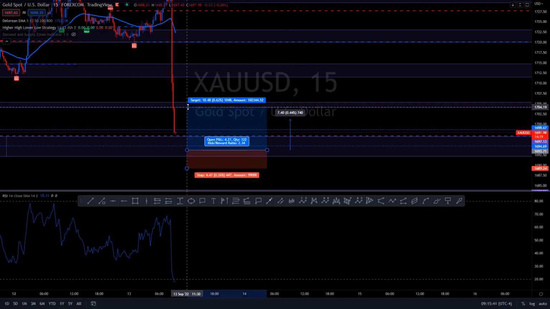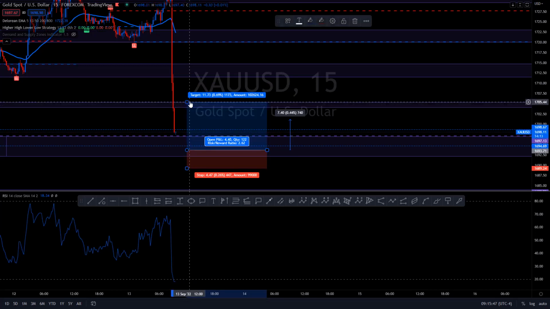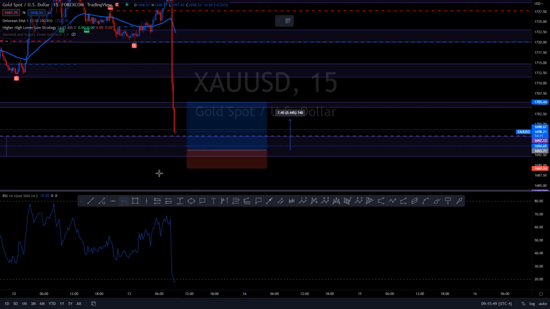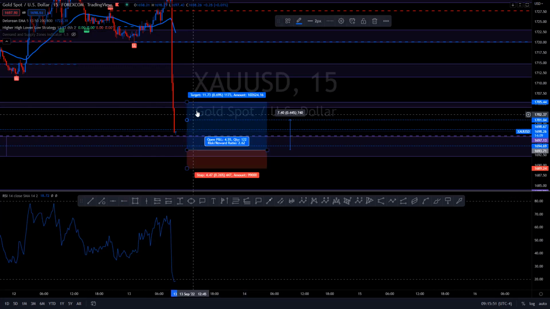Then ultimately go up to this zone here.